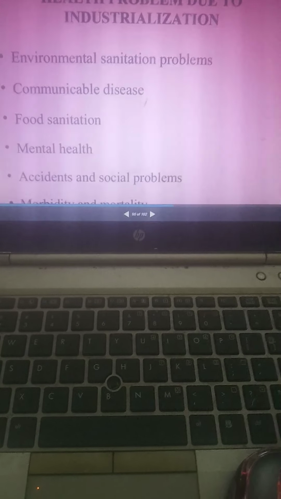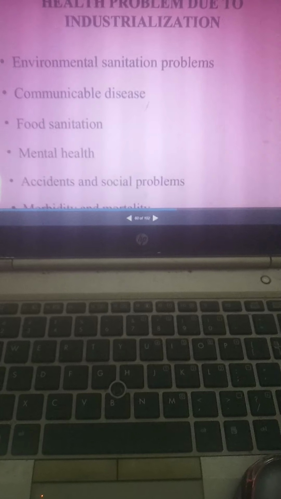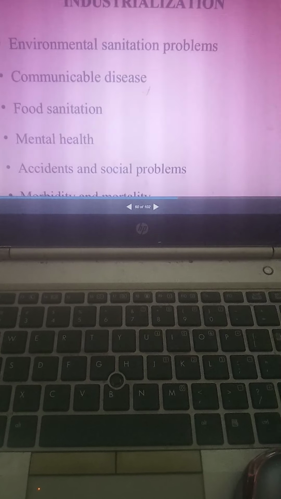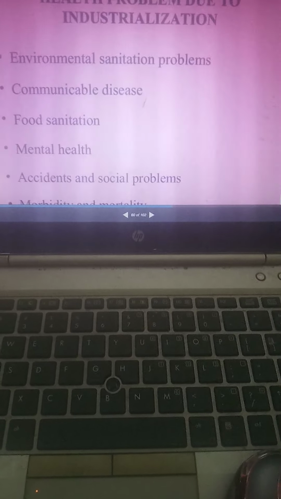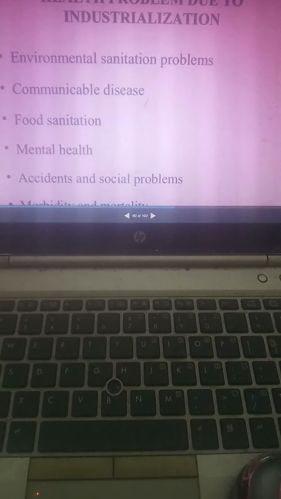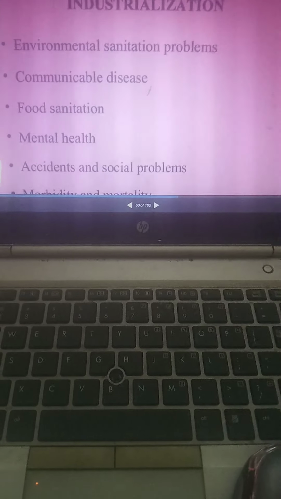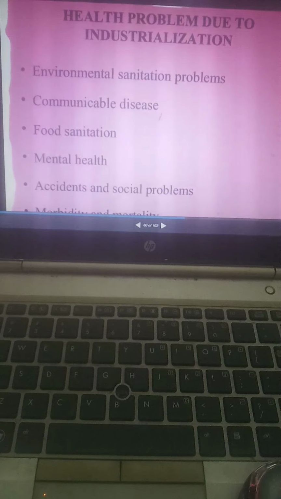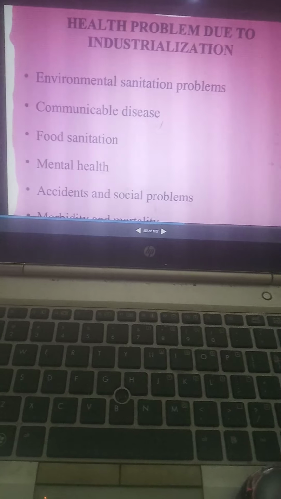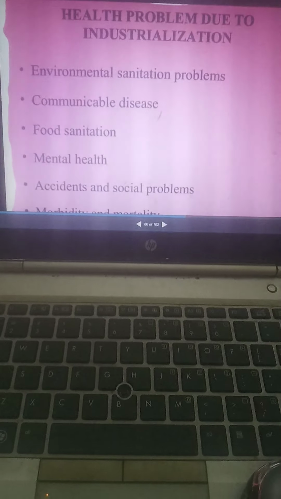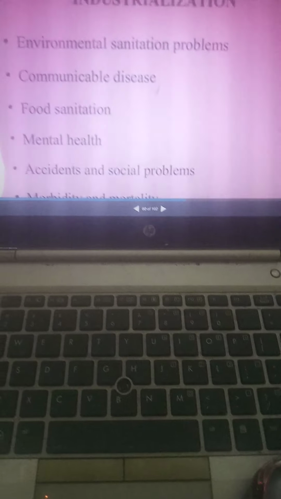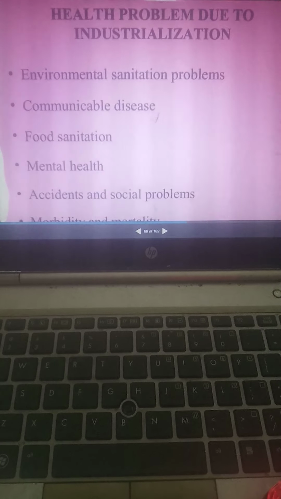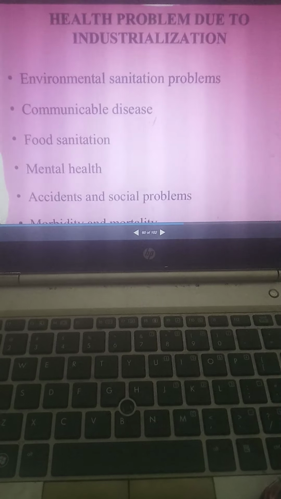Food sanitation is also an issue. In areas of industrialization, proper nutritious food is scarce. It is not being provided as compared to those who are working in agricultural communities. Then mental health is an issue. Accidents and social problems can occur. Morbidity and mortality is higher due to industrialization as compared to communities which are agricultural.